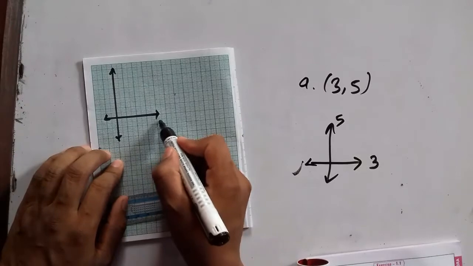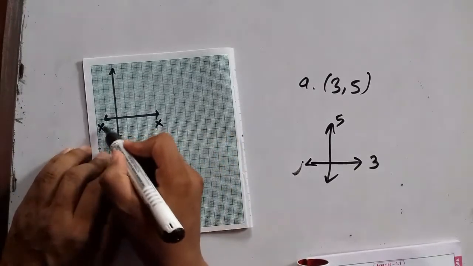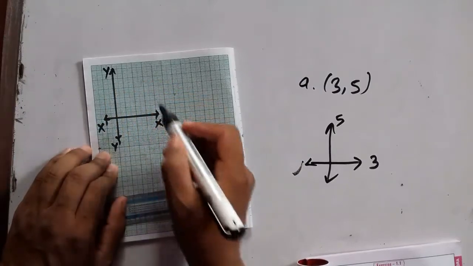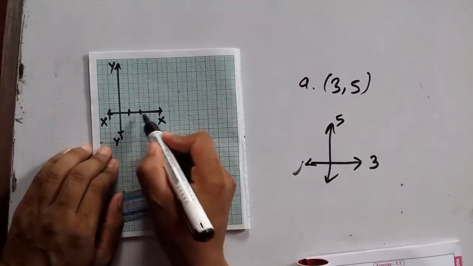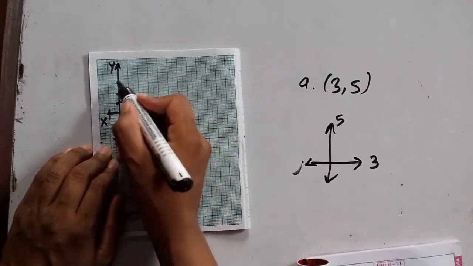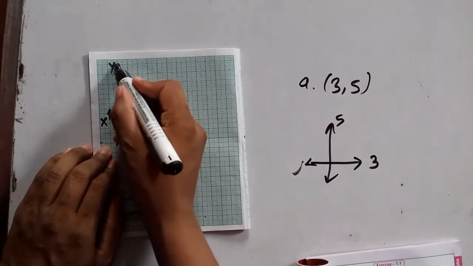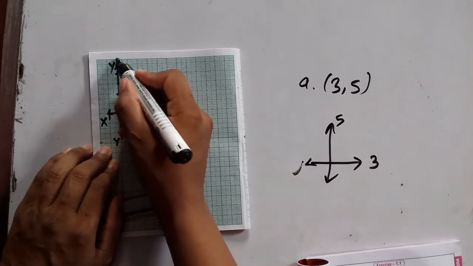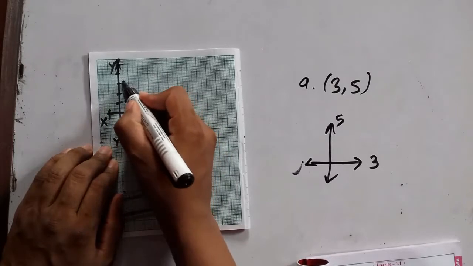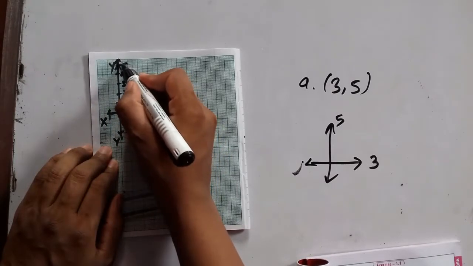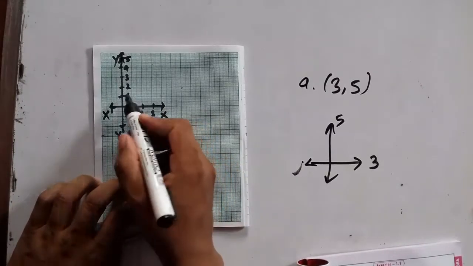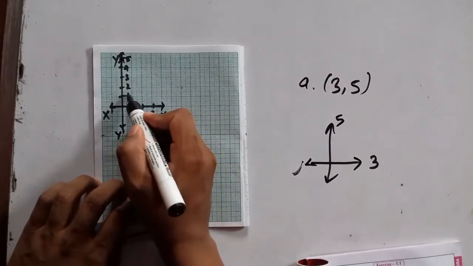This is x, this is x dash, this is y dash, this is y. 1, 2, 3, and 1, 2, 3, 4, 5. Do not get confused about whether numbers should be written on this side or that side.